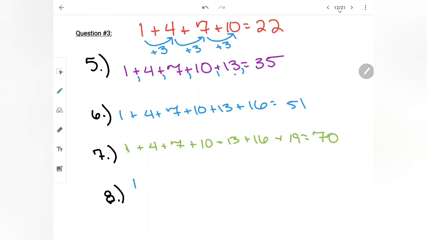So all we're going to do is 1 plus 4 plus 7 plus 10 plus 13 plus 16 plus 19 plus 22. And that is a lot of writing. We'll go ahead and add 22, and we should get a total sum of 92 dots for the next sequence.